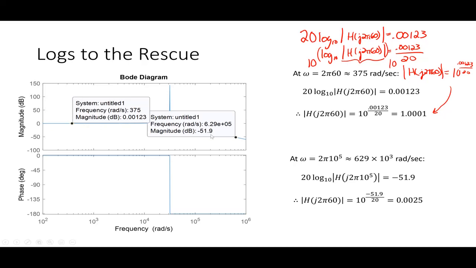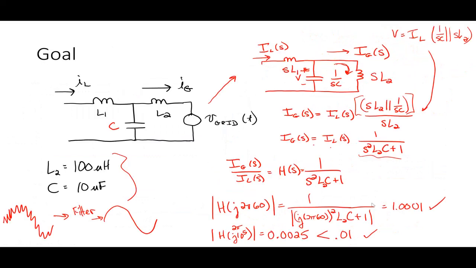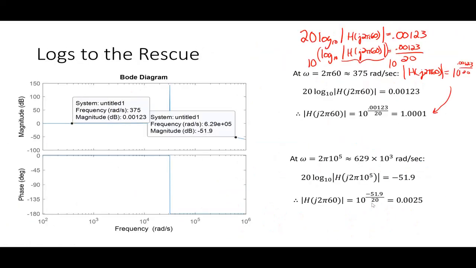Notice these things nicely fall into the same scale, and I can see them now. So I plug in that negative 51.9 and go through the same approach as up here, and I find that the magnitude at 2π60 becomes 0.0025. Put that in your calculator or MATLAB and you'll see that result. That's the same thing we had when we did the math on the earlier slide.